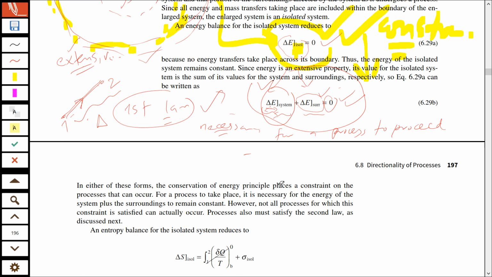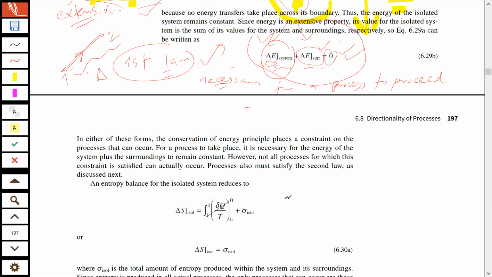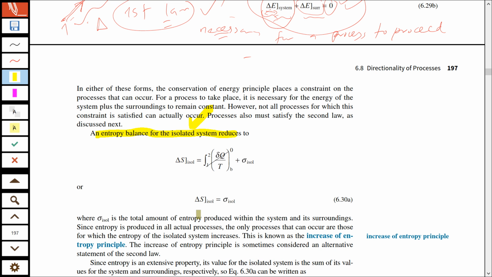And so far we have established that the second law of thermodynamics is more useful if it is expressed in terms of entropy balance. So now we need a second condition, and that is the entropy balance. For any process to proceed, again, you enlarge your boundary, think of an isolated system which contains your system of interest, and there you can say that the change in the entropy of an isolated system must be equal to the entropy production.